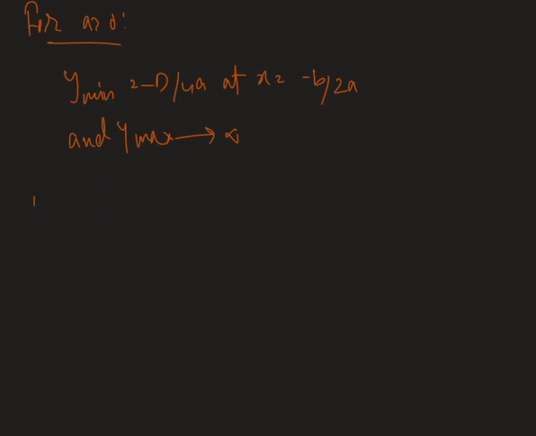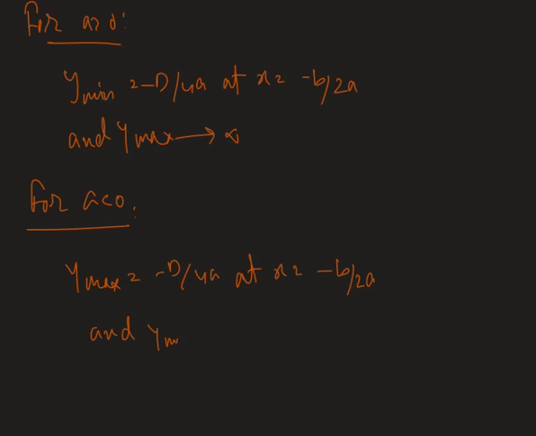And the next case is for a less than 0, then we get y max equal to minus d by 4a at x equal to minus b by 2a, and y min tends to minus infinity.